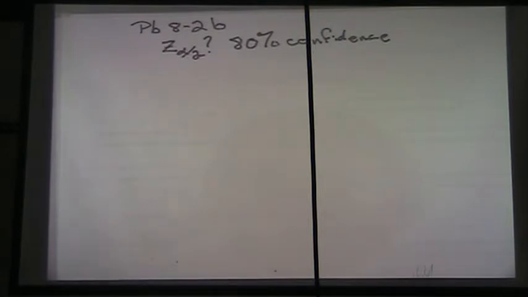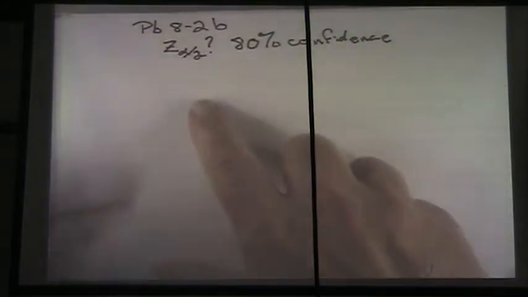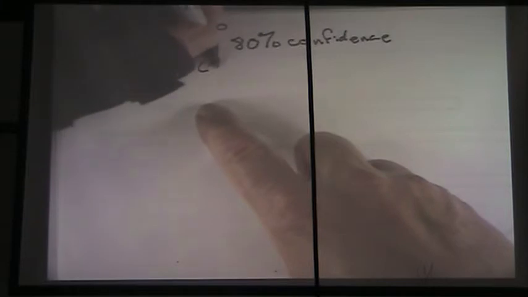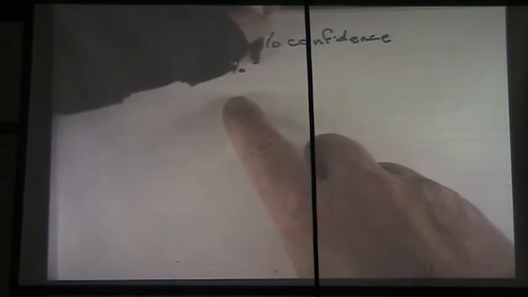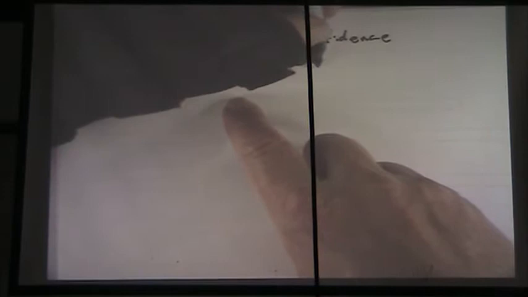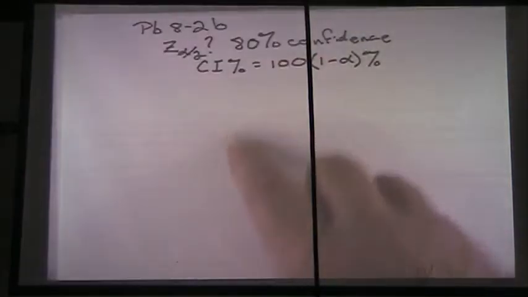An excellent question. Once again, we're going to take our basic equation for figuring this out: our confidence interval percentage is equal to 100 times the quantity 1 minus alpha percent.